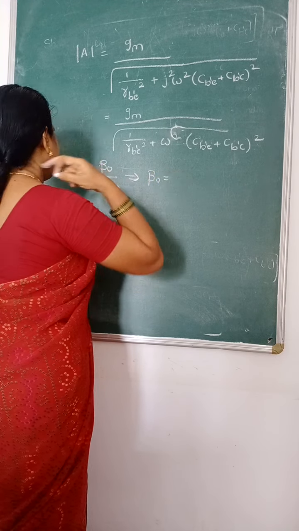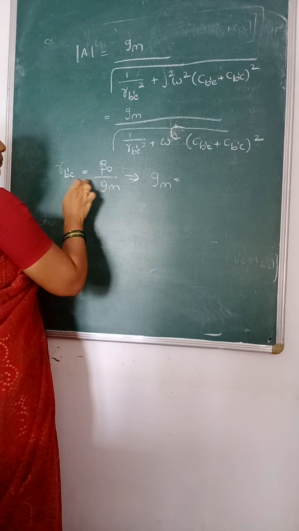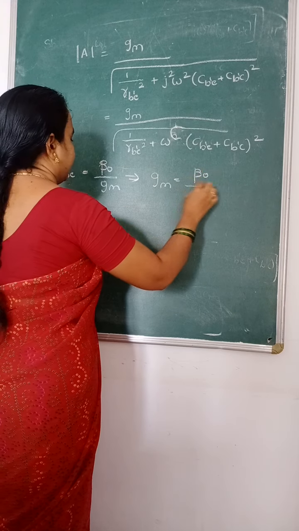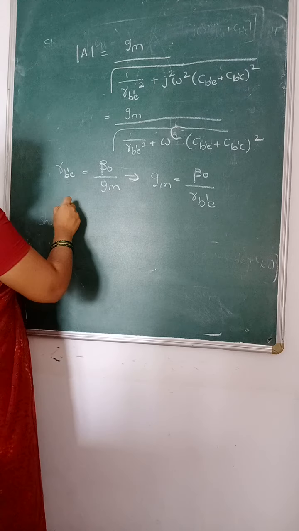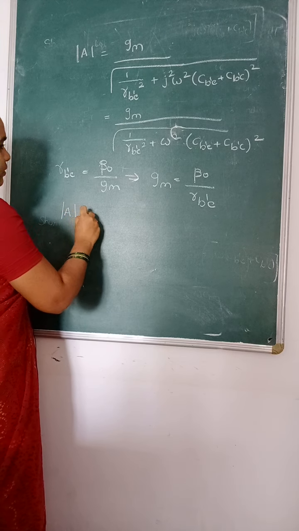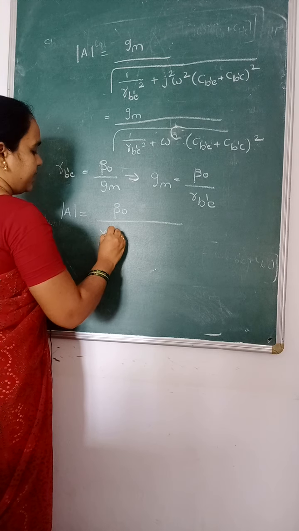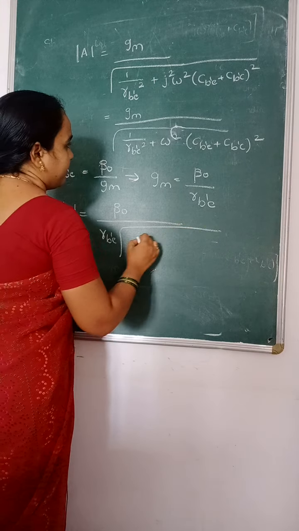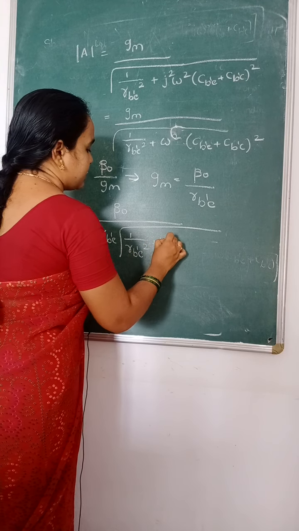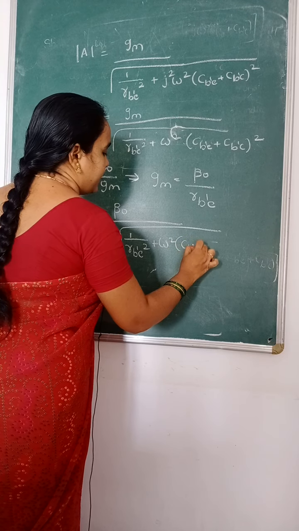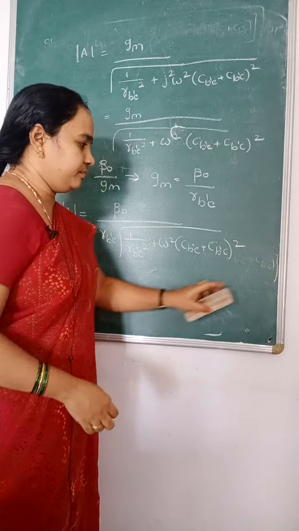Then gm is equal to beta naught by R B dash E. So the modulus of A is equal to beta naught by R B dash E multiplied by the root of R B dash E square plus omega square of C B dash E plus C B dash C whole square.